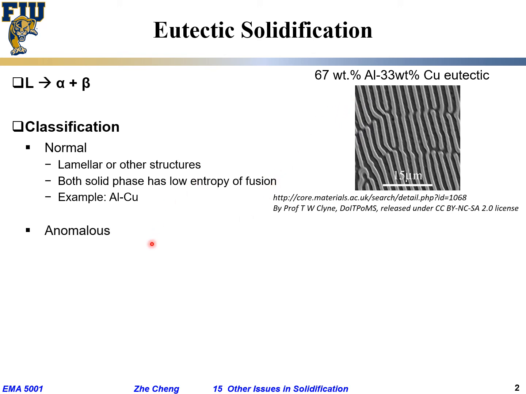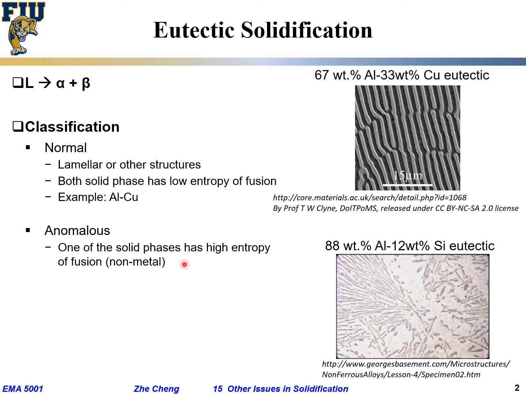In comparison, there is the so-called anomalous eutectic solidification. Anomalous eutectic solidification happens when one of the solid phases has high entropy of fusion, which typically means it's a non-metal, such as silicon or germanium. Here we show a micrograph for the structure of a eutectic between aluminum and silicon.